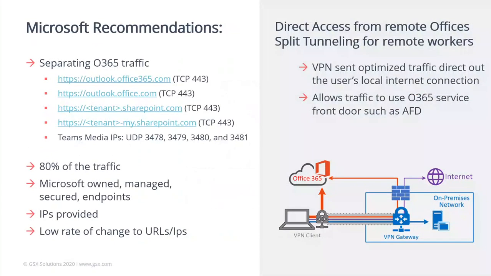So to make a long story short, Microsoft recommends a direct connection between your user and the Office 365 data center. It would be very simple if there was no security concern, but of course there are security concerns. And that's why Microsoft worked hard on two important points. The first one is to reduce the number of endpoints and IPs that are critical for performance, and you can see the list there.